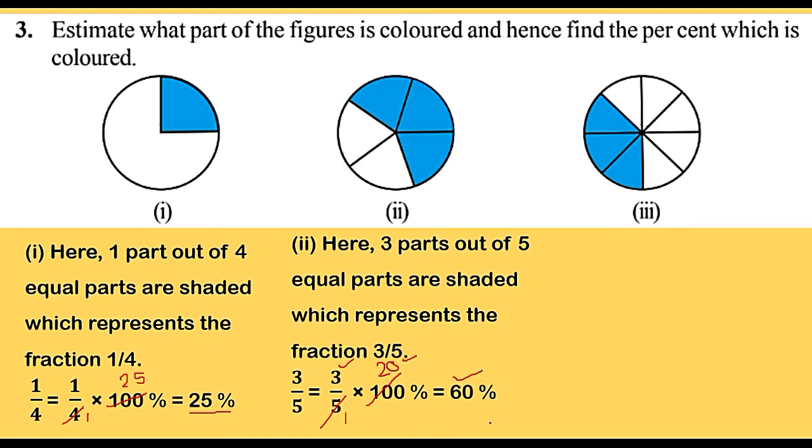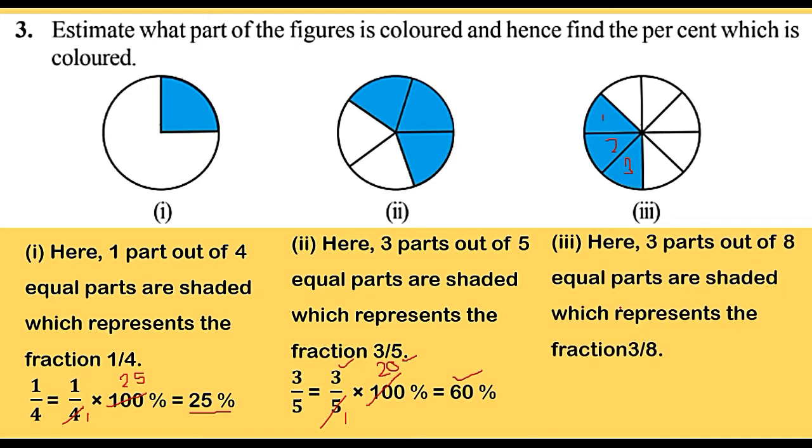Third part, I can see 1, 2, 3 out of 4, 5, 6, 7, 8. Out of 8. So what is the fraction value? Fraction value is 3 shaded parts out of 8. So what will it be in percent?